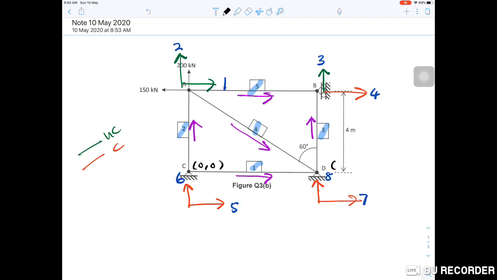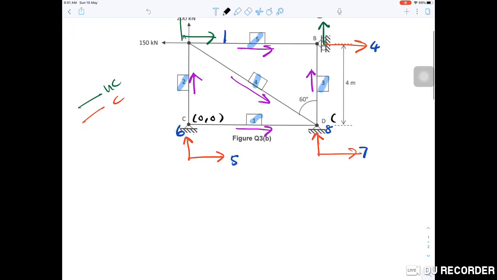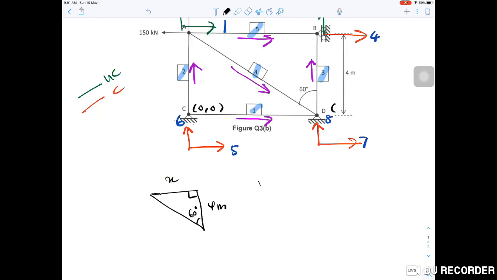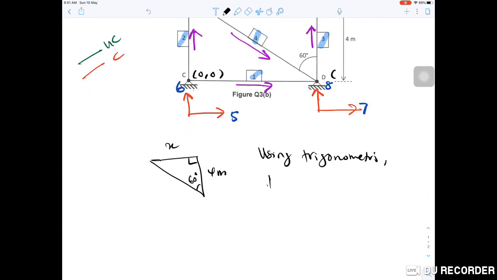So D. Okay, before we determine the coordinate for D, since the horizontal distance is not given, we have to determine first the distance. Okay, so this is 4 meter, 60 degrees. Okay, this is X. So by using trigonometry, okay, we will use tangent.